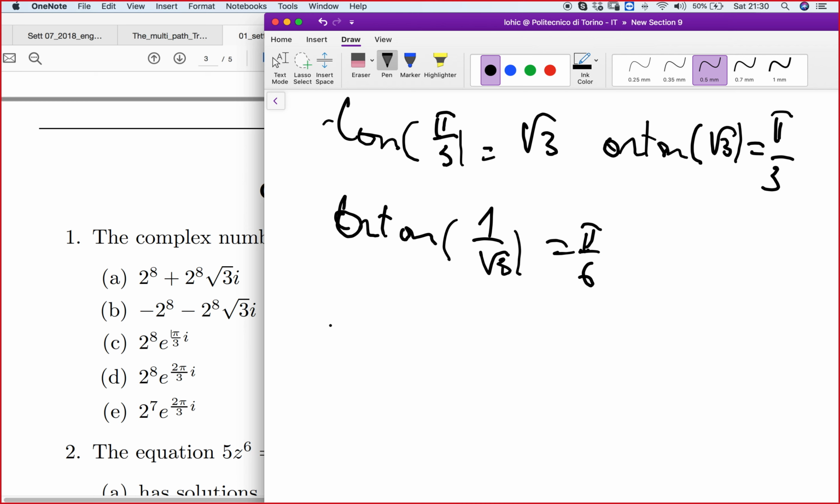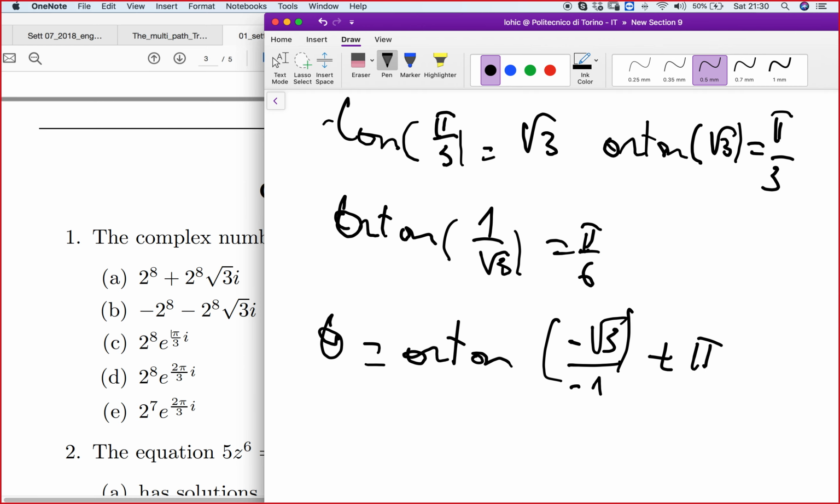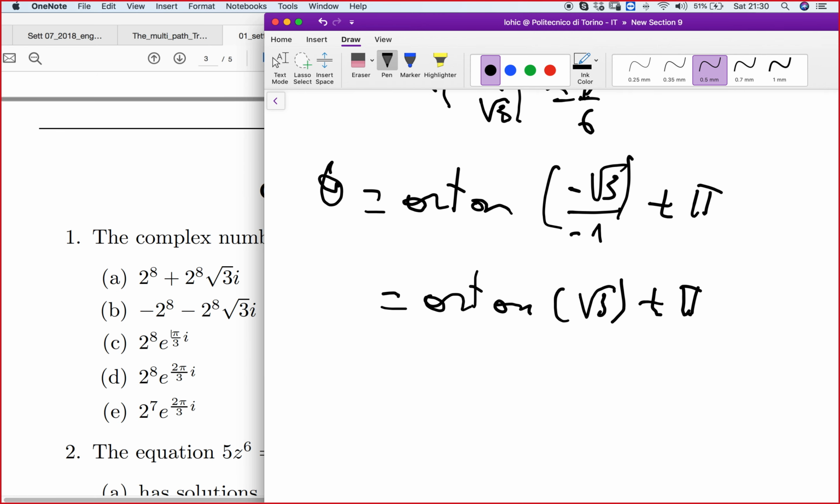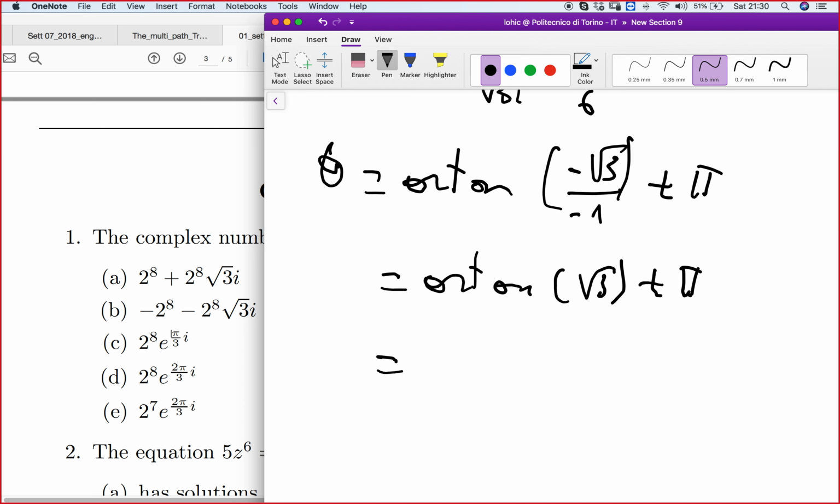So theta is the arctan of, what is b? Minus root 3. What is a? Minus 1. Then I have to add plus pi because a is negative. So it gives arctan of root 3 plus pi. We just proved that arctan of root 3 is pi over 3, so pi over 3 plus pi. Now this gives you 4 pi over 3.